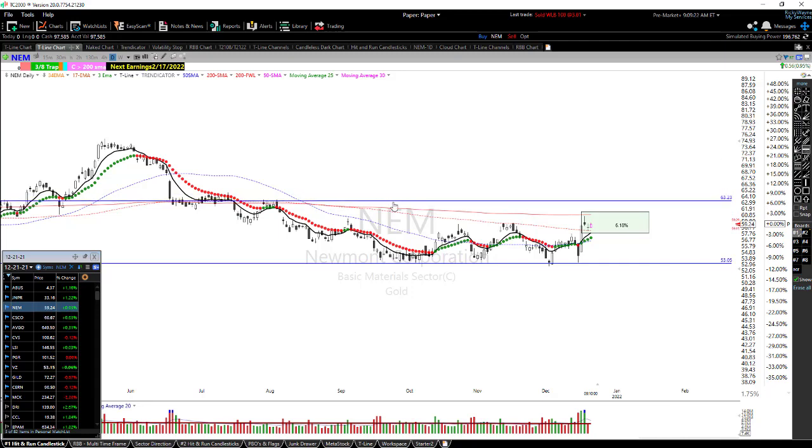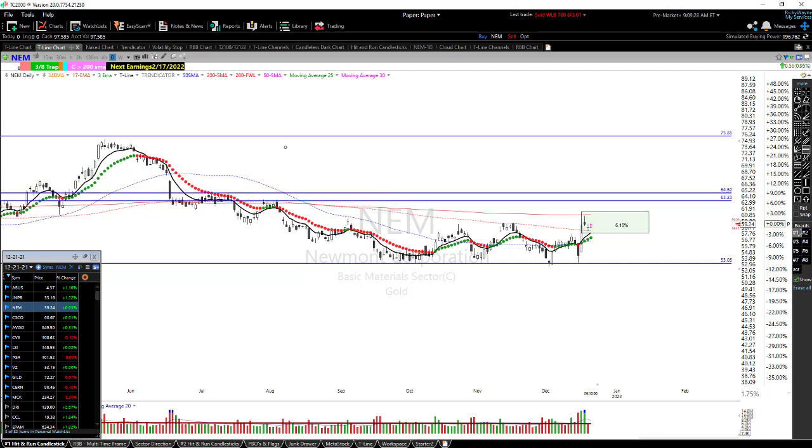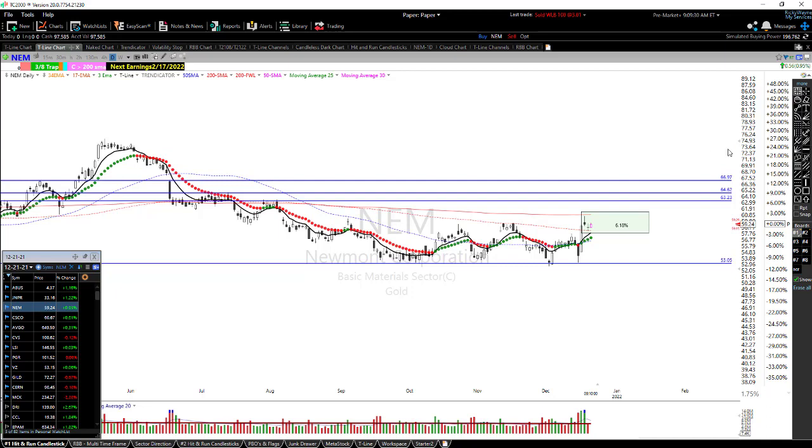Regardless, we are all going to be looking at a very similar target area, and targets are the easiest thing in the world, and sometimes I think they're the most meaningless thing in the world.